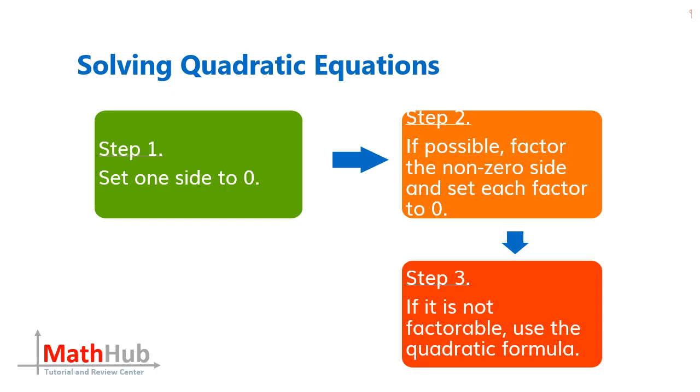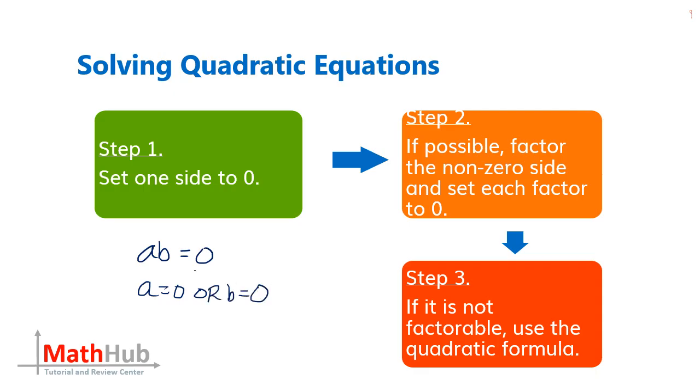First step, set one side to 0. That is really important, no? Set one side to 0. You cannot proceed to step 2 without doing this first step of setting it to 0. Why is that? Because we will be using the zero property, which says that if AB is equal to 0, or if the product of two numbers is equal to 0, that means that at least one of them is 0.